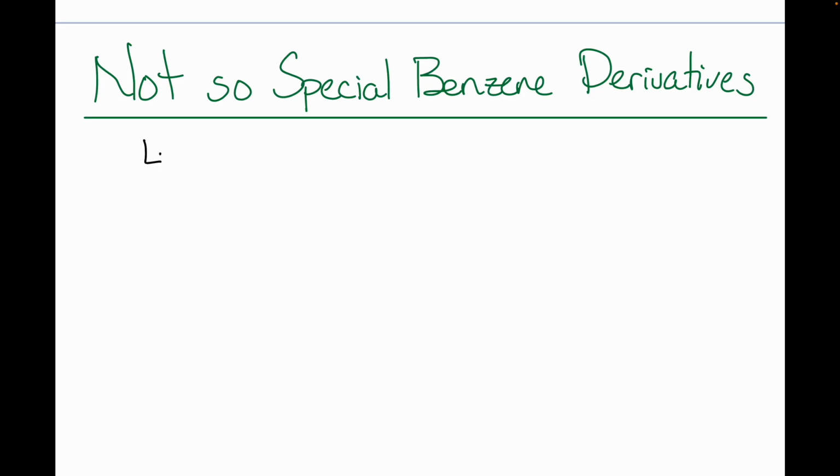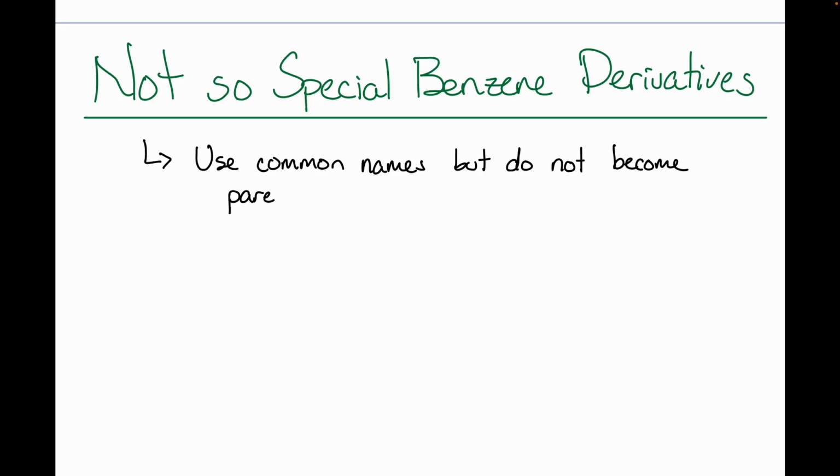These not so special benzene derivatives are molecules where we're going to use their common names, but they do not become the parent chain in a molecule. So these are ones that you need to be able to recognize as having their own unique name. You don't have to worry about us starting to decorate it and then keeping that as the parent chain in the molecule.